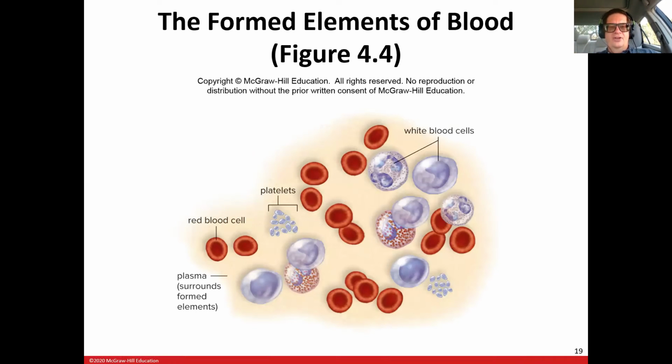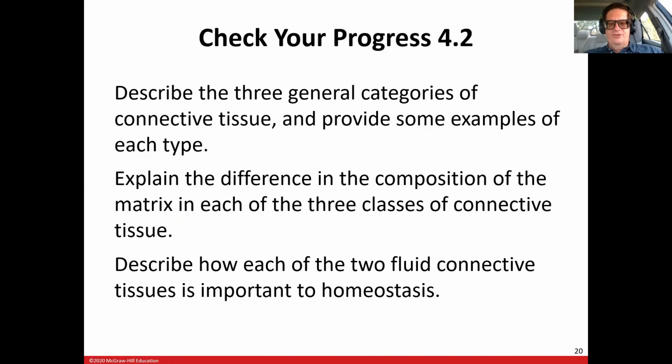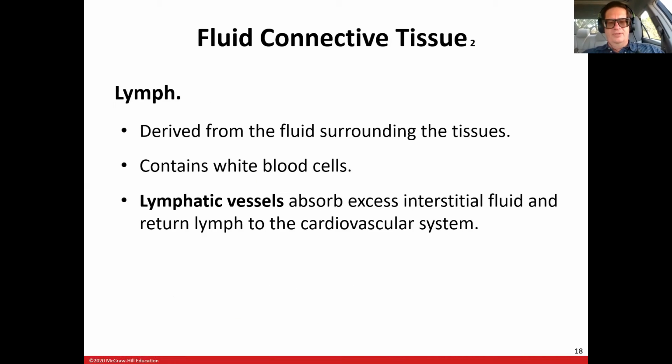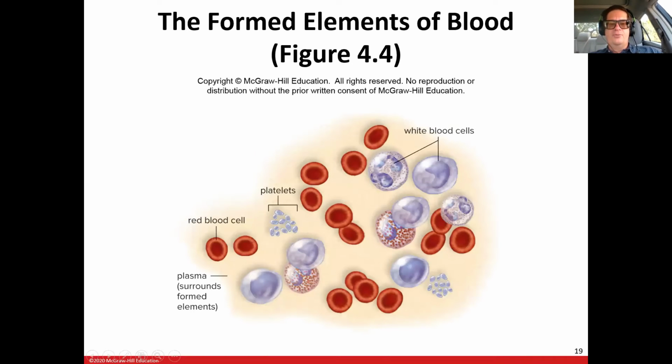All right, so we're talking about formed elements in blood. Like I said, we have the erythrocytes, those are the red blood cells. And then we have lymphocytes, those are the white blood cells, but we have different types of white blood cells. For instance, right here, we probably have a neutrophil.